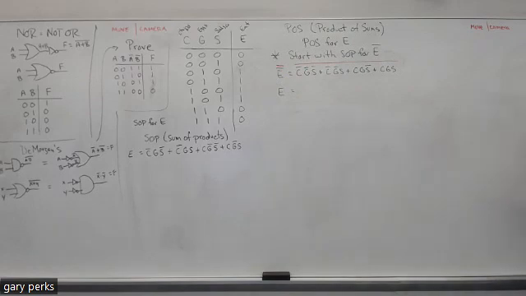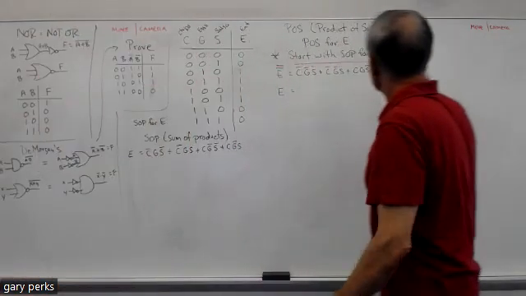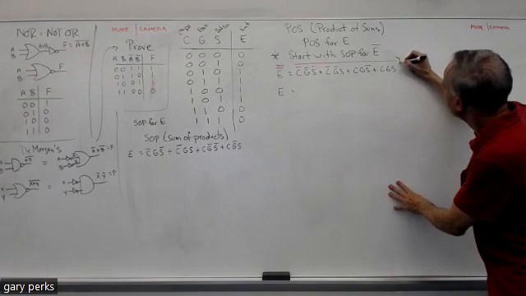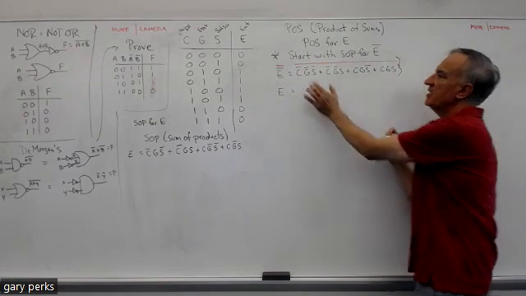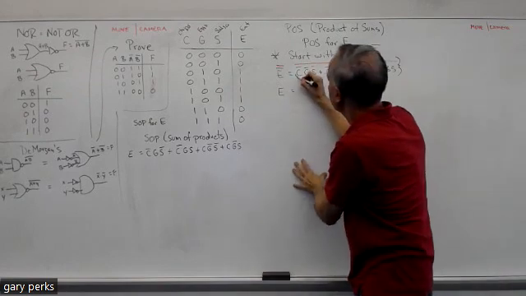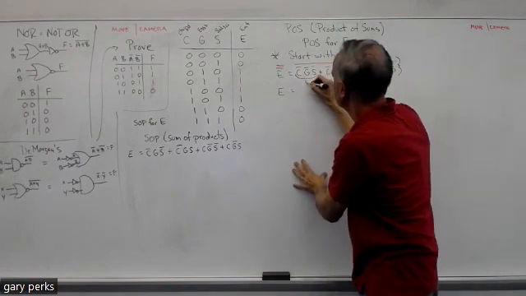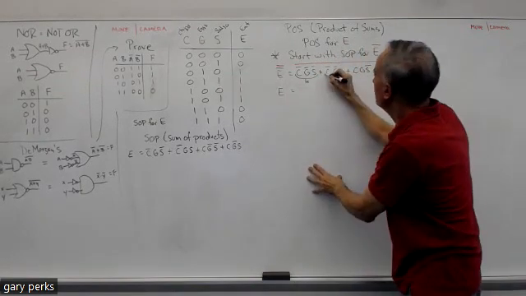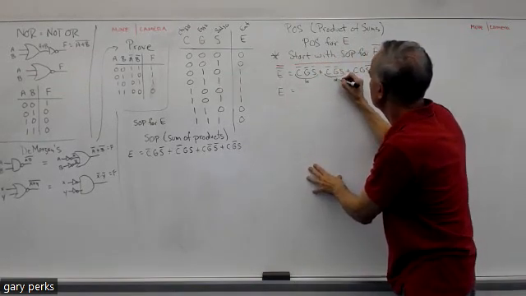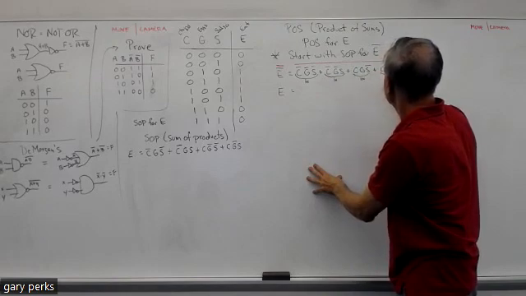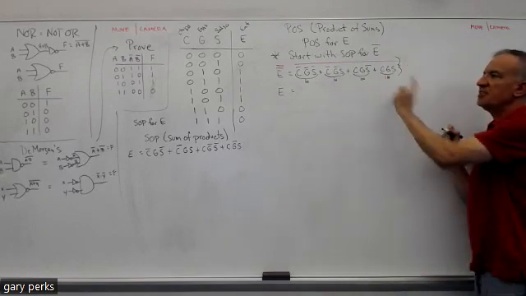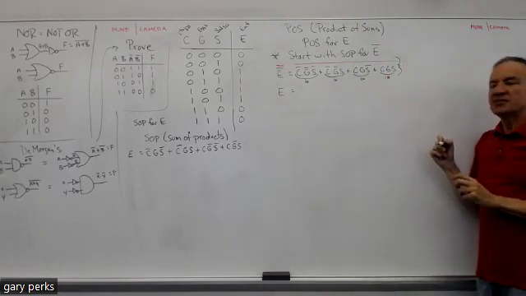Now the next thing, and this is where De Morgan's comes into play. Can you see that if I look at this whole right side, and I take this as an input, and this as an input, this as an input, this as an input, this is a NOR gate equation, right?